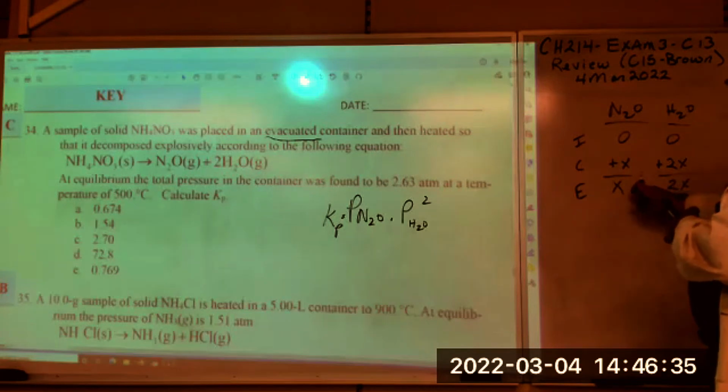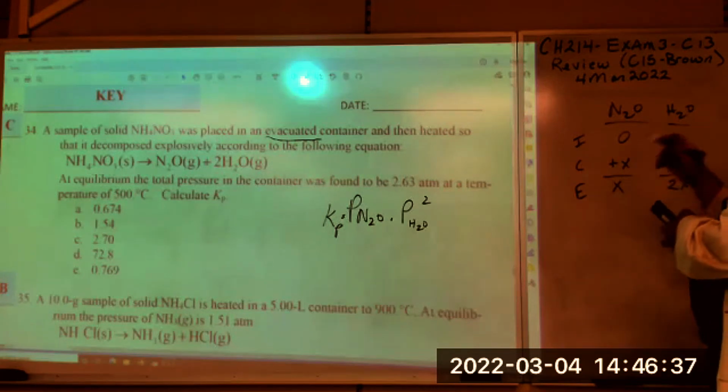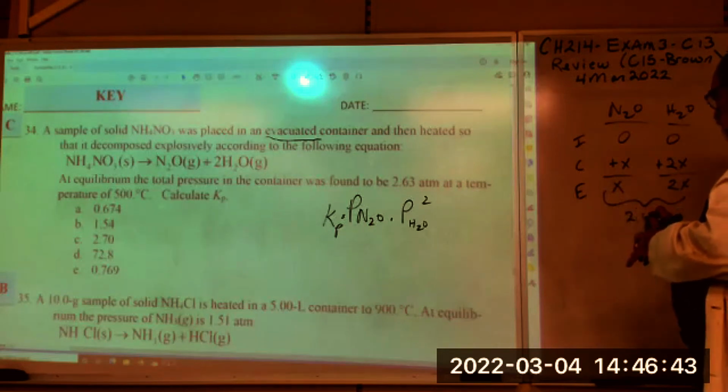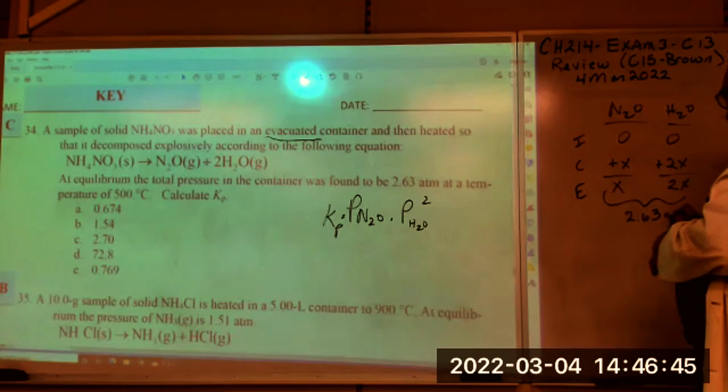In terms of pressure. And then add these two together, and they're going to be 2.63 atmospheres.